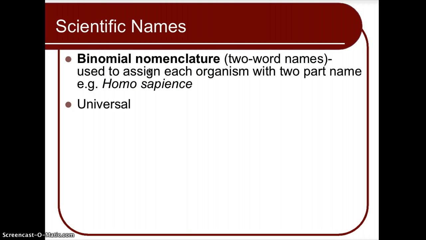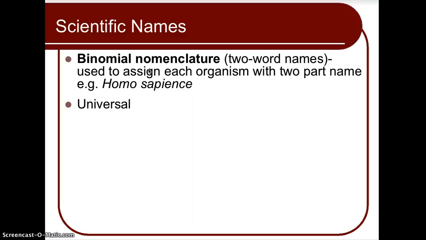So it's capital H-O-M-O for the genus name, and then a space, and then for the species name or specific epithet, it's going to be lowercase s-a-p-i-e-n-s.